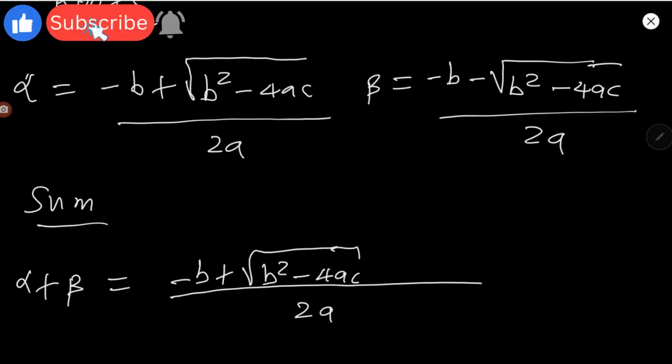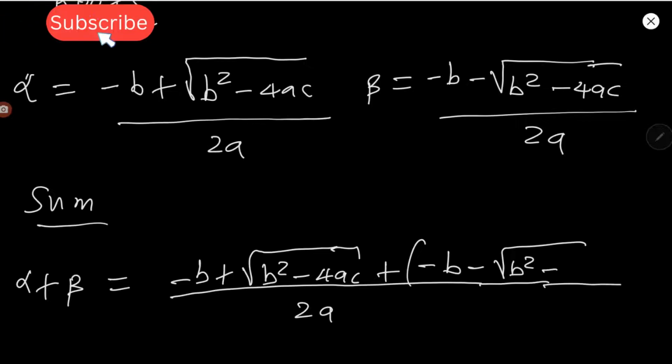So we're adding the two, so we'll say plus, 2a into 2a, it's 1 times this numerator is the numerator itself, so I'll do that. We'll have minus b minus the square root of b squared minus 4ac.